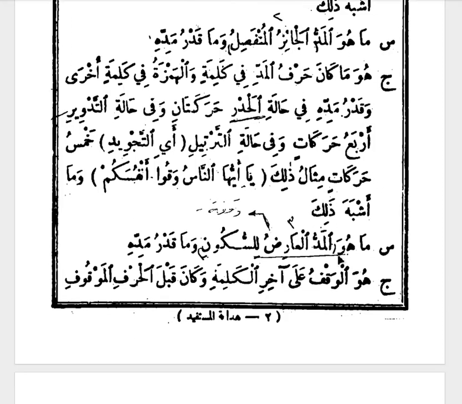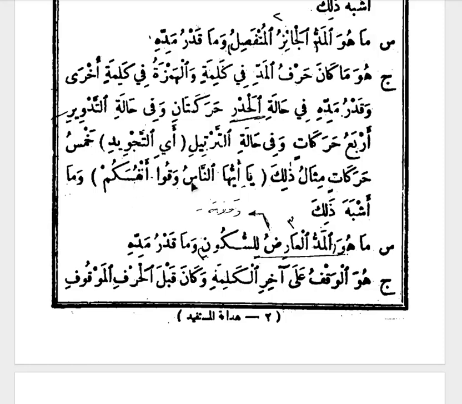Look at the examples that we have here. Ya ayyuha. If you look at the ya, this is the letter of madda, and then ayyuha is a separate word. Ya ayyuhan nas. Once you see the letter of madda and then hamza in separate words, it is going to be called maddul jaiz al-munfasil. Then, qu anfusakum. Qu, this is the letter of madda, waw, and then anfusakum is a separate word.